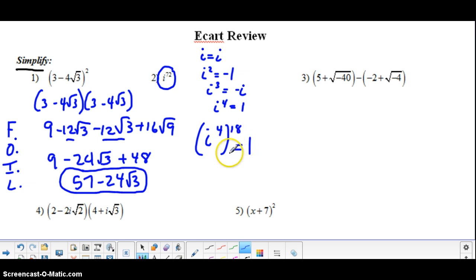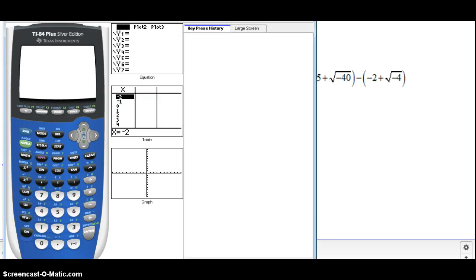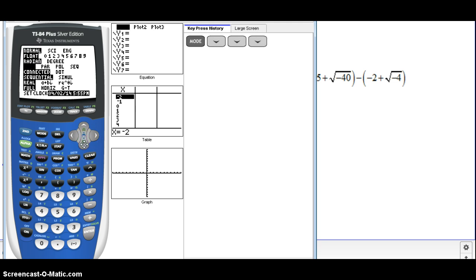The other way to do it is using the calculator, and whenever you have a problem with i, you want to make sure your mode is in complex mode. In this case, mine is not, so I need to set it from real to a plus bi. You hit mode, bring it down to where it says real, cross over to a plus bi, and hit enter.